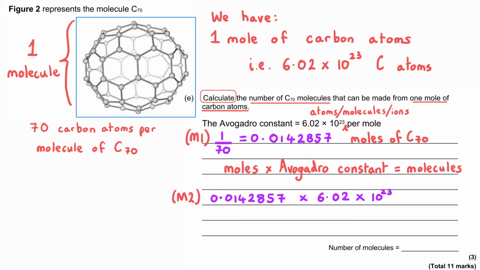And then the final marking point will be for the actual answer, so that number of molecules of C70, and that will be 8.6 times 10 to the power of 21. There is likely to be a slight variation depending on how much you rounded it earlier on, but if you used those 6 significant figures like I did, you would get 8.6, and it will round to this number as well.